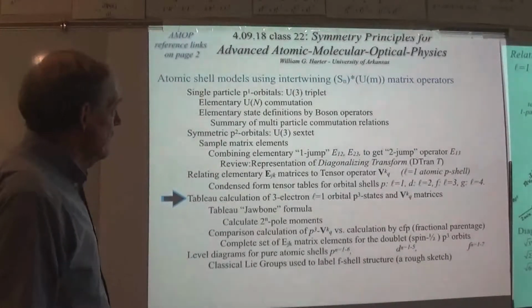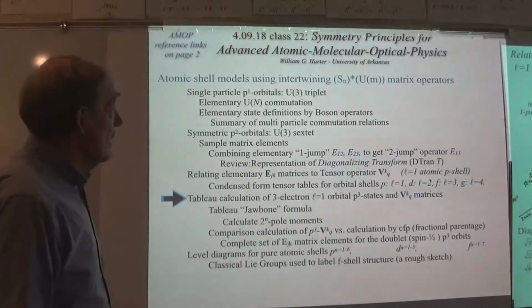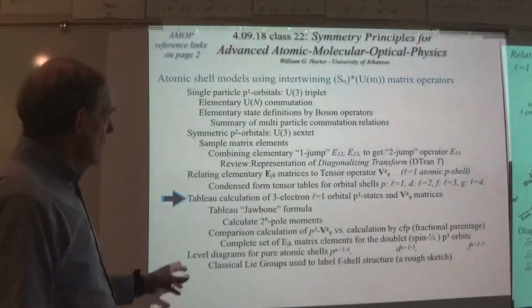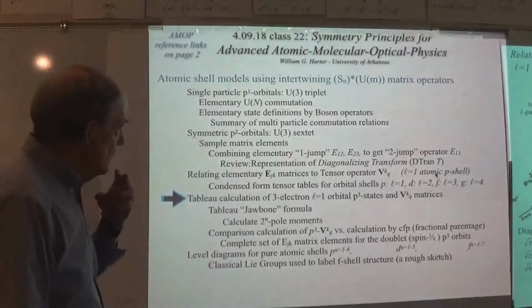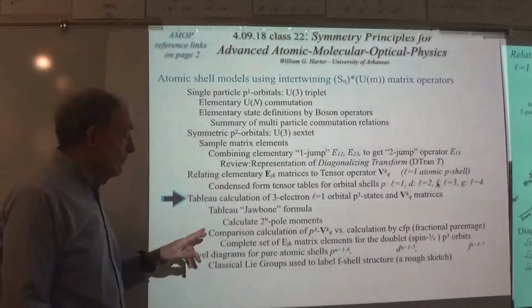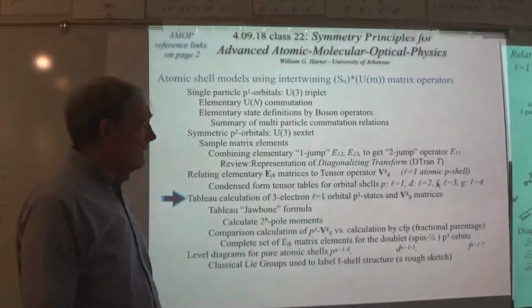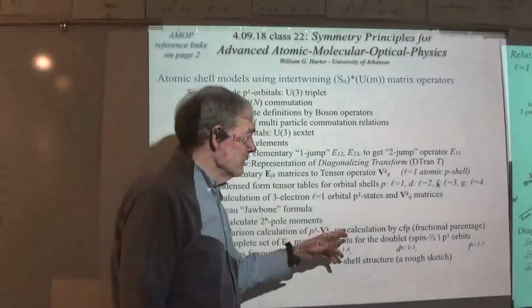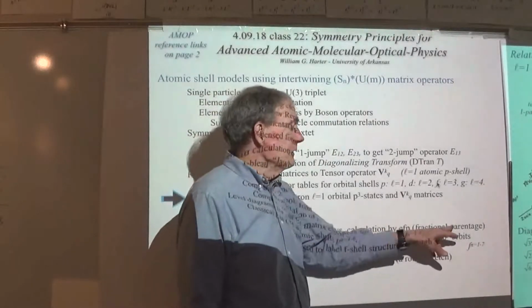I think we can finish this up and still not take extra time today. I want to show a typical Tableau calculation and give you some feeling for what you would have done if you didn't have this thing I'm describing here, where you do all your calculation by CFP. Those are coefficients of fractional parentage.